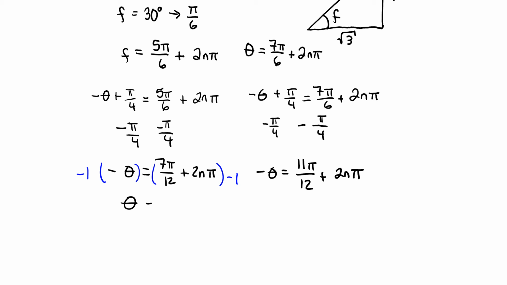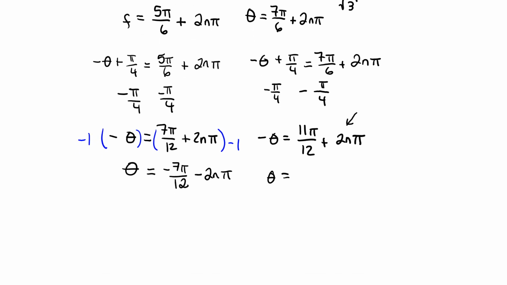theta equals -7 pi over 12 minus 2n pi. And when we do the same thing on the right-hand side, we multiply through by negative, we get theta equals -11 pi over 12 minus 2n pi.